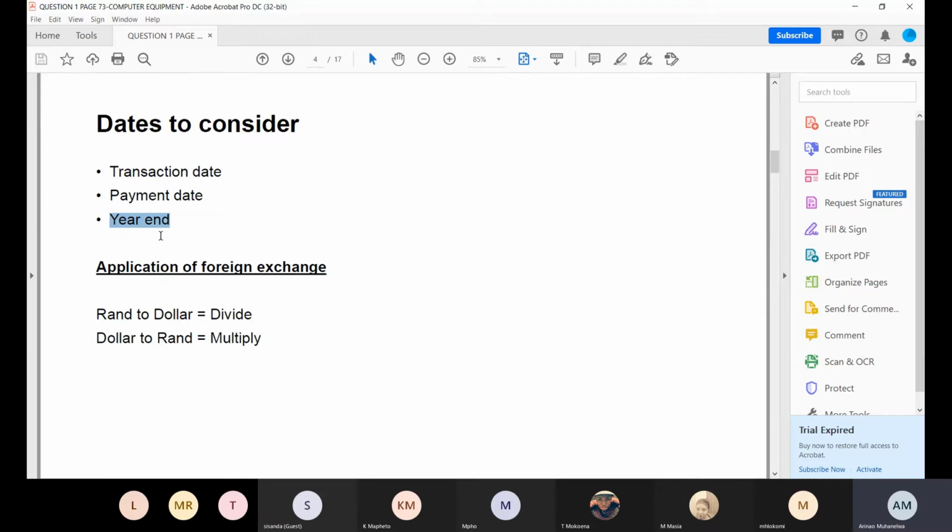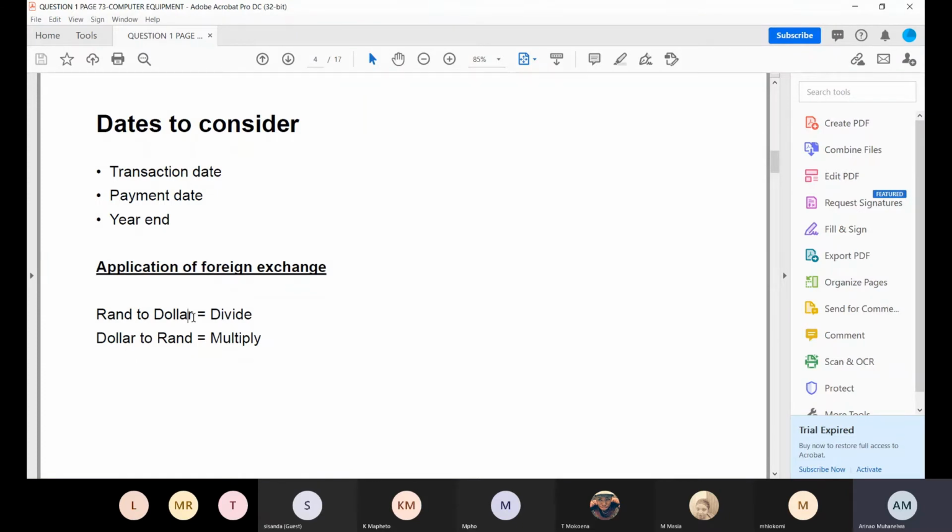As I've indicated, we'll go through question 1 and question 2. One other important thing before we go to the question, I want us to understand this relationship. When you read a question and they're giving you foreign exchange and they're saying 1 rand, for example, equals $1, I'm just giving an example, though we know in reality it's not like that.